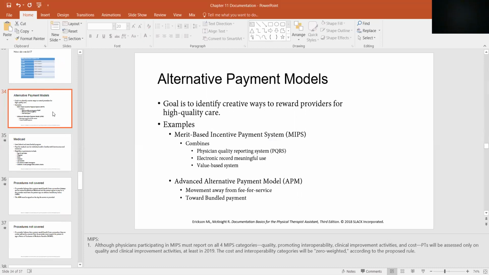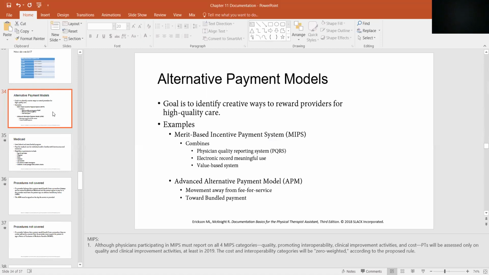It uses electronic records and a value-based system. Then we also have an advanced alternative payment model, or APM. It's a movement away from fee-for-service and toward a bundled payment. Lincoln, Nebraska was fortunately or unfortunately chosen for a Medicare pilot program where joint replacement surgeries, knee or total hip joint replacements, were put under a bundled payment system.